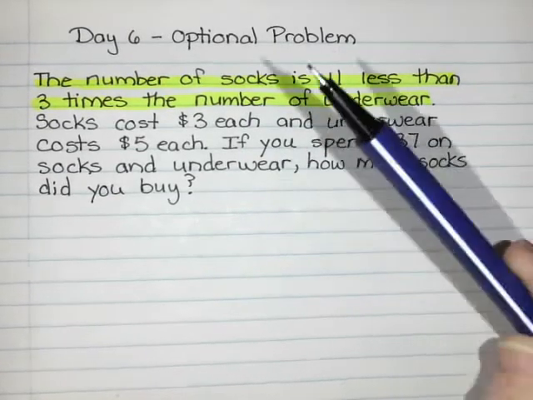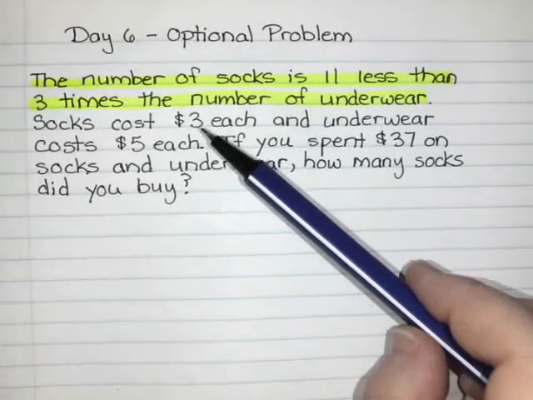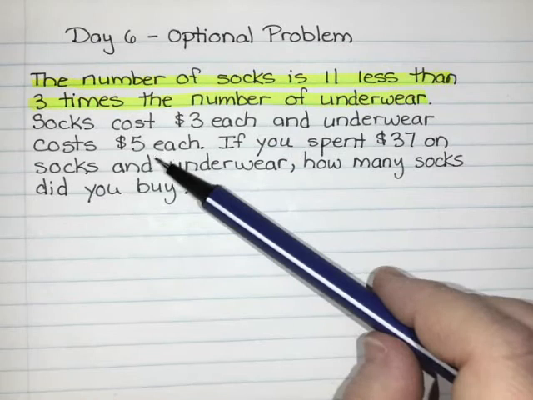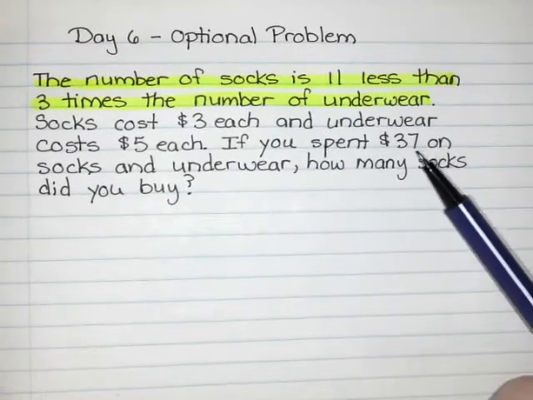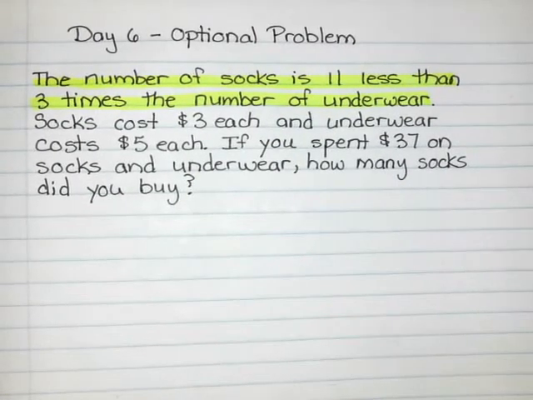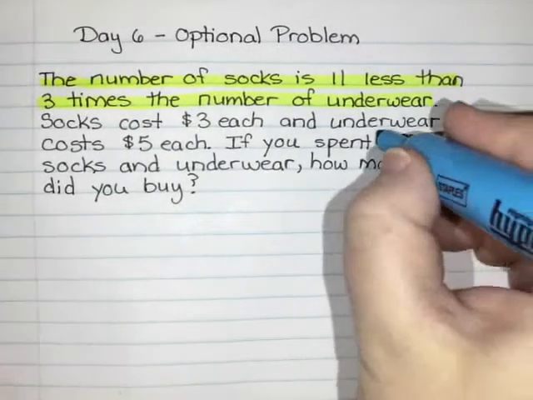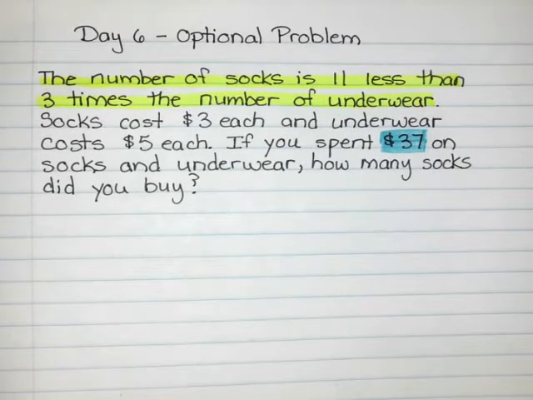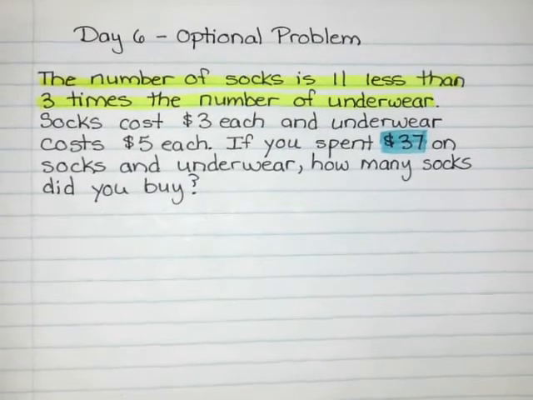That is just information. It is telling me socks cost $3 and underwear costs $5. Then it says we spent $37. $37 is my total. That's what I'm going to use to make my equation with. And it says, how many socks did I buy?